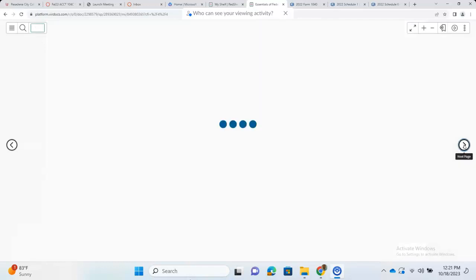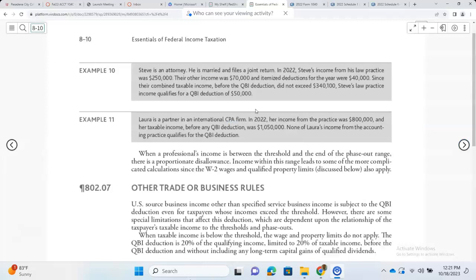Make sense? So in this example, Laura is a partner in an international CPA firm. In 2022, her income from practice was $800,000. You see, if Laura was an engineer, she would be qualified. But because she's an accountant, her income is too high.